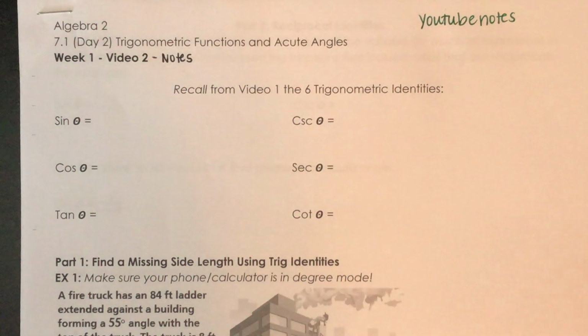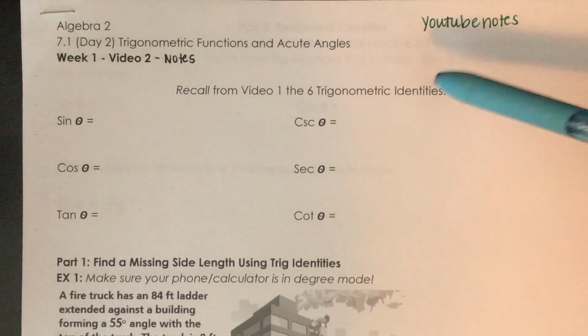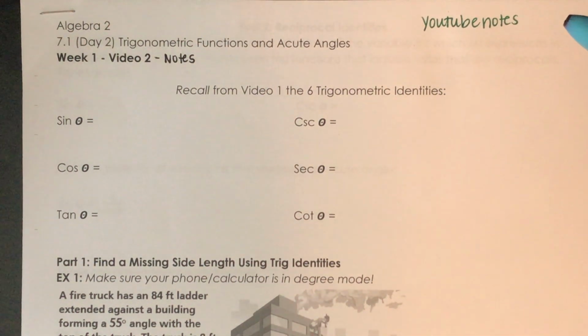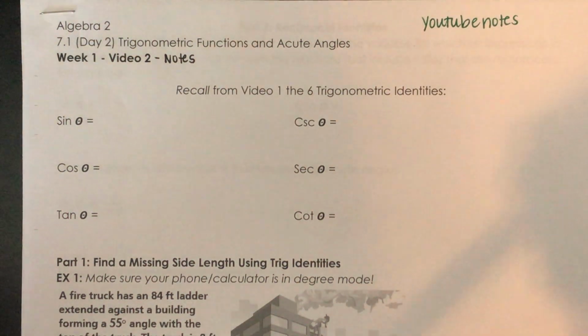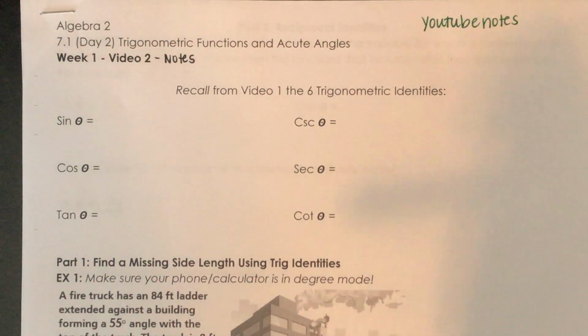I don't know if I told you guys this in the last video, but as you're going through, you have an option of taking these notes just by hand on lined paper. Or you can go into our Microsoft Teams account, and if you click on the button at the top that says Files, you will see I have posted these notes in that week 1 folder along with my answer key for these notes and the homework.